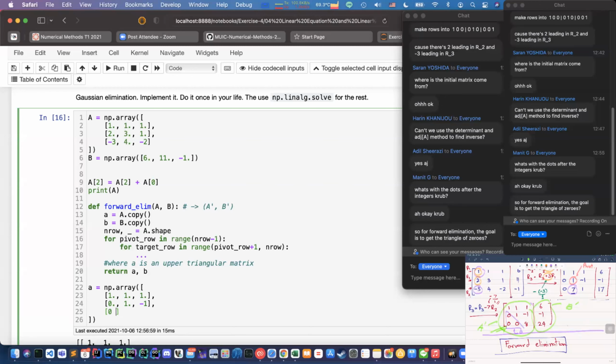And 0. The last row could be 1 if you like. Some people require more than the fact that it's upper triangular.